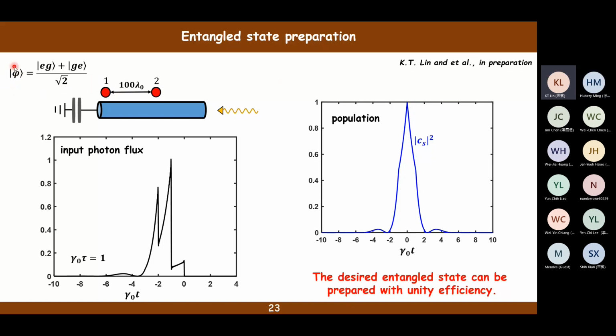We are trying to prepare an entangled state. Maybe you can calculate some concurrence to see if it is entangled, but I'm saying that this state is already the most entangled state for the two-qubit system. Okay, so you already know it's entangled, and you are trying to see the fidelity of the preparation, the unity efficiency, something like that. Yeah. Okay.